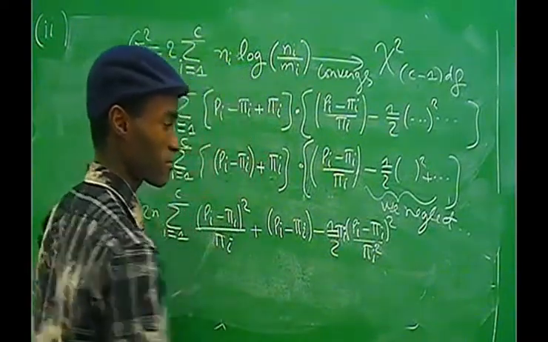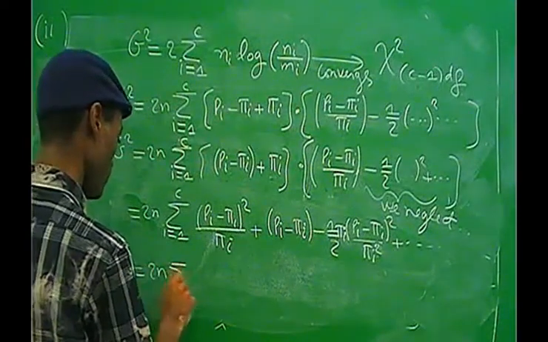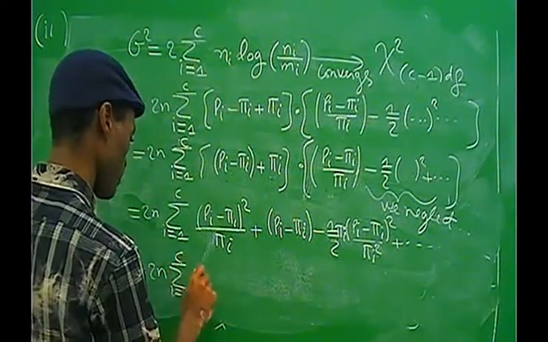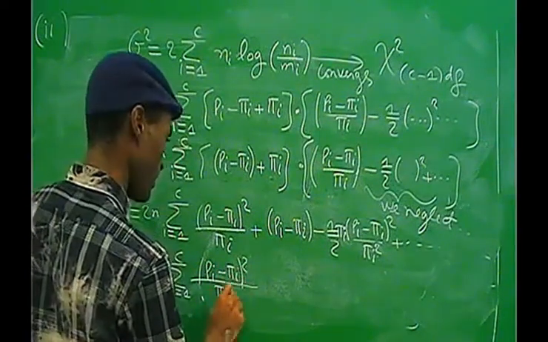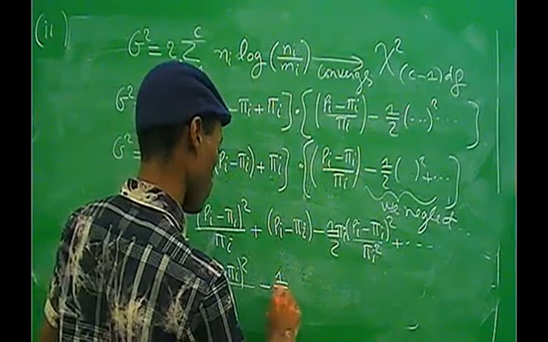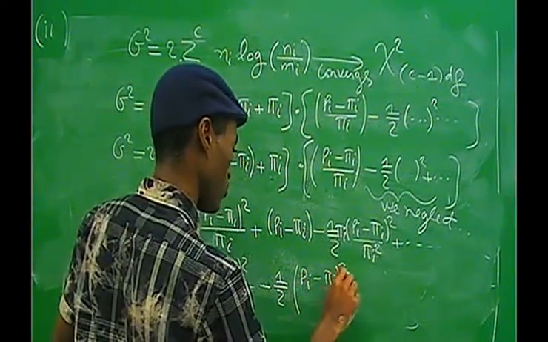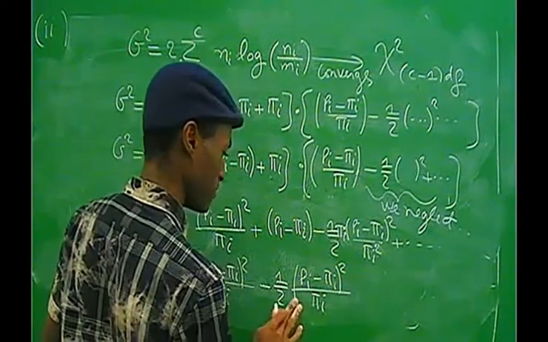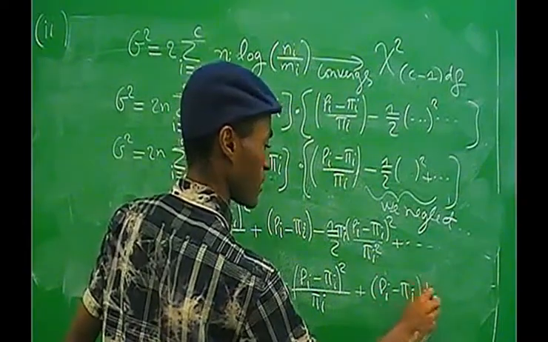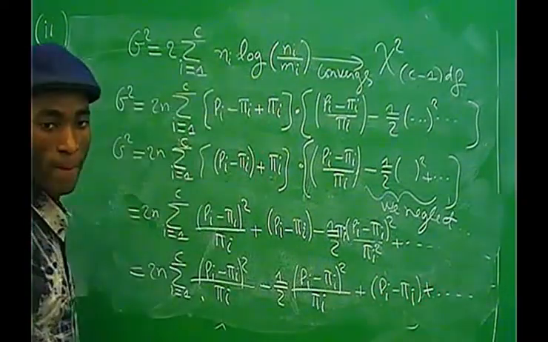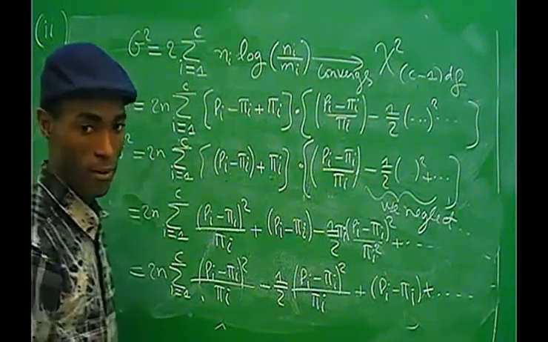And then you write it again, so that it will be 2n sum, i equals 1 to c, of pi minus pi i over pi i, minus 1 over 2 times pi minus pi i squared over pi i, plus pi minus pi i plus again pi minus pi i, and then we add pi i, and after you multiply them.